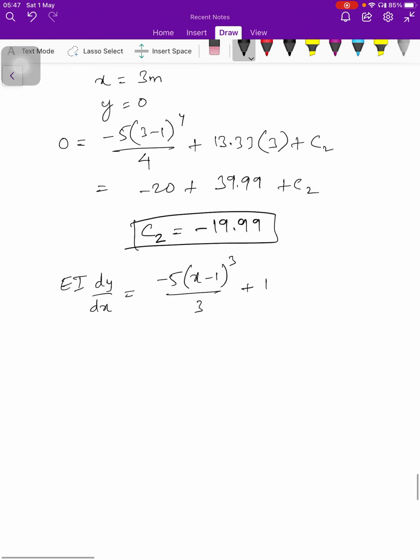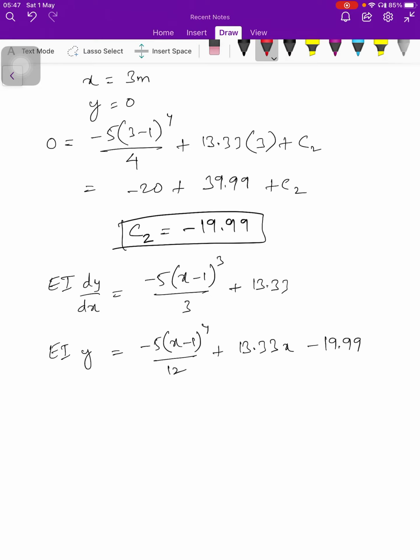C1 is 13.33, and EI y will be minus 5 into (x minus 1) whole power 4 by 12 plus 13.33x minus 19.99. Now this is your equation number 1 and equation number 2.